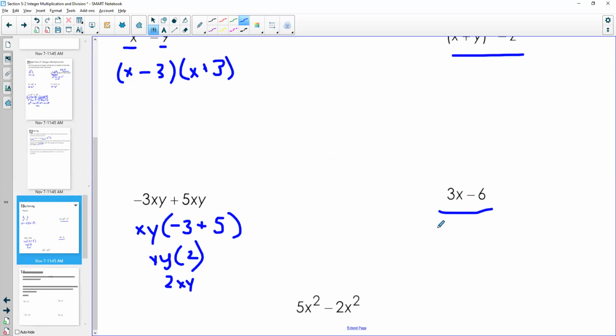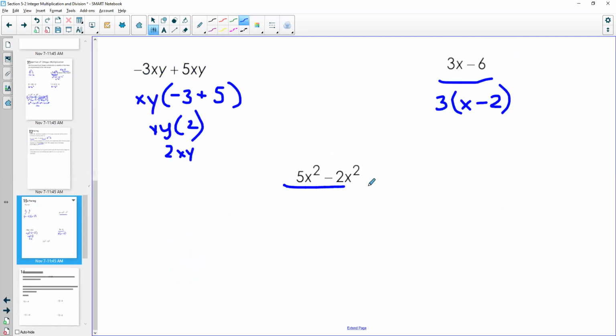The 3, right? So take out a 3. Take a 3 from 3x, leaves x. Take a 3 from 6, leaves 2. Oh, I need to extend my page a little. Here's the last one. What's the common term? It's x squared, right? X squared, 5 minus 2. And that gets me a total of 3 times x squared.